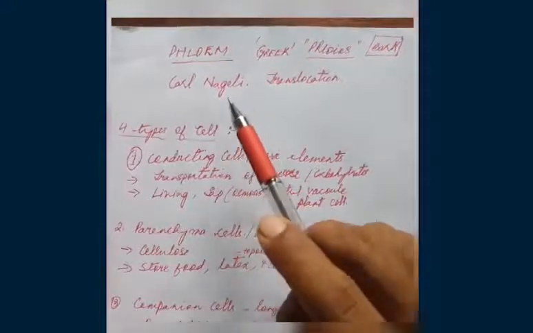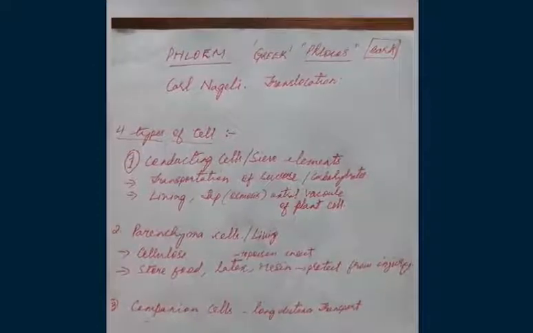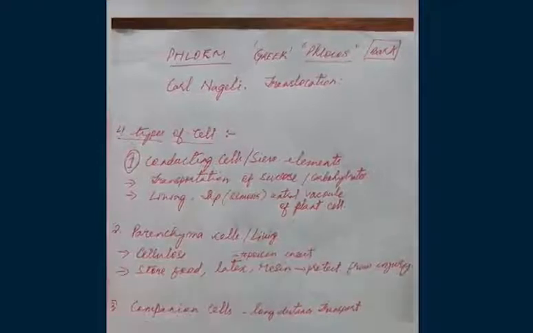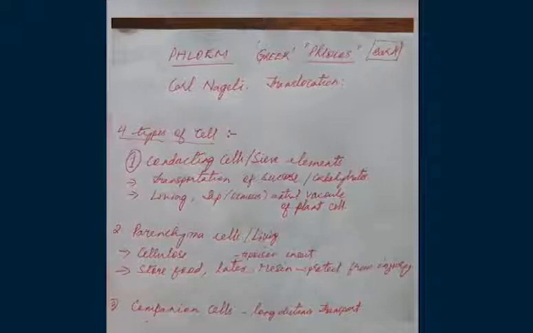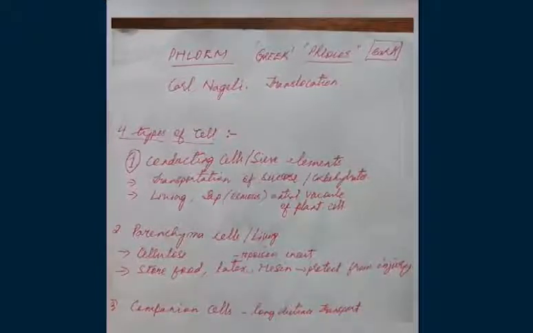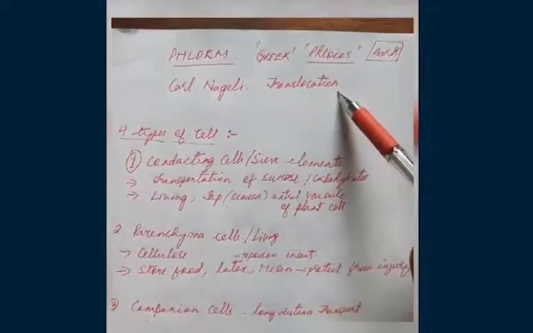The main function of phloem is the transportation of minerals and food, for example the sucrose and the carbohydrates that are produced during photosynthesis. The process in which nutrients and food are transported in the phloem is known as the translocation process.